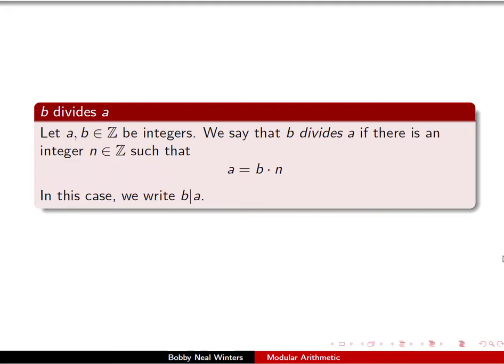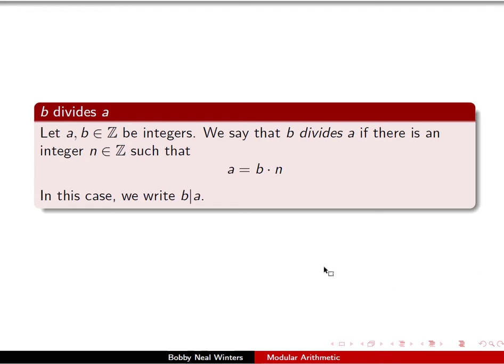Okay, we're going to start off with something that you may very well be familiar with. And even if you aren't, it's not difficult. We're just talking about it now so that we can have some precise language about it. The idea is we start off with two integers, a and b. We say that b divides a if there is another integer n such that a is equal to b times n.